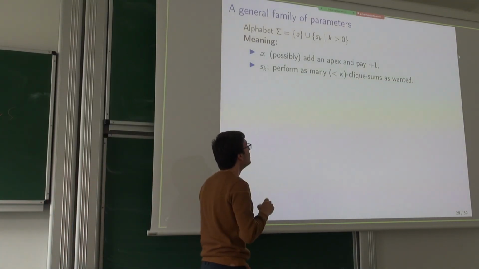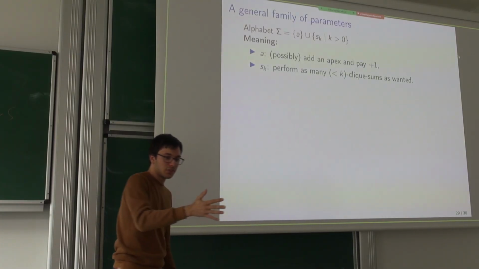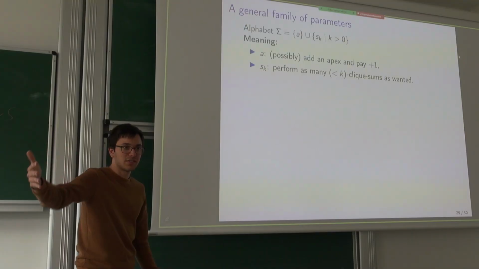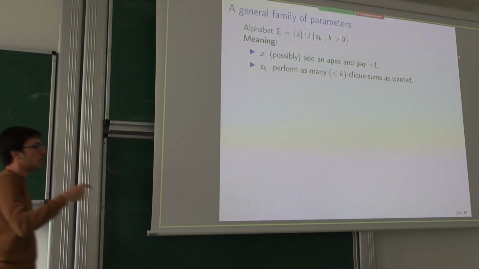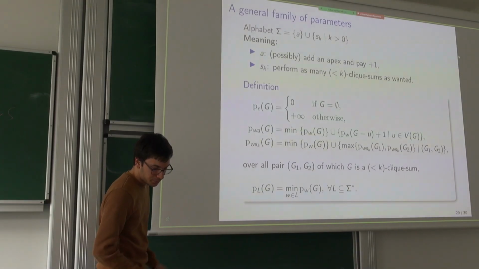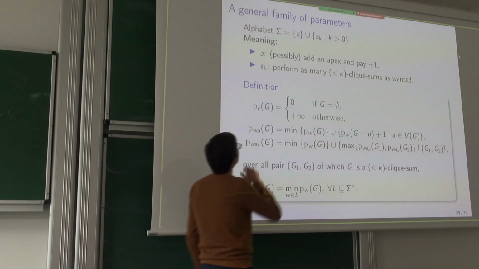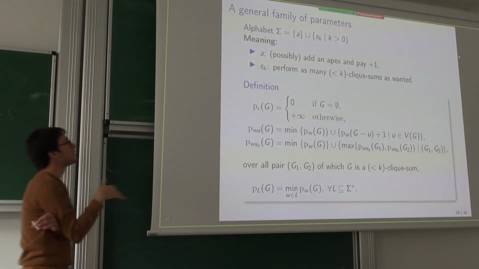And the idea is that if you take any allowed sequence of disjoint union, adding a vertex, clique-sum, etc., this gives a new parameter. Okay? You are allowed to decompose your graph only using this sequence of operations in this order. And so the definition will look like that. You consider an alphabet that will describe the operations you are allowed to do.